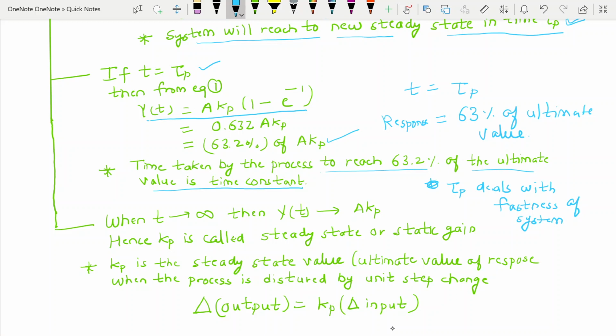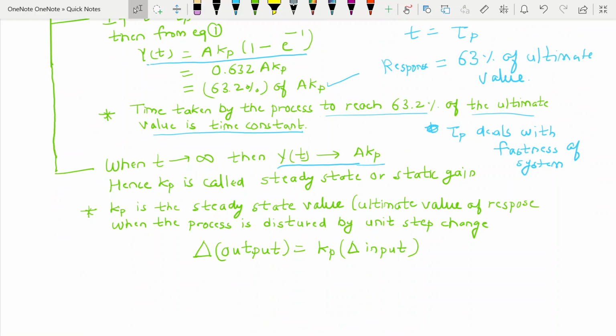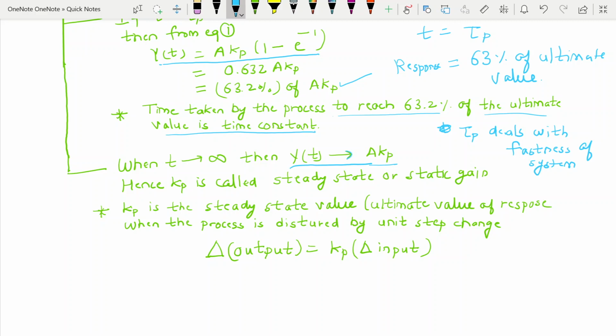ओके, नाउ द नेक्स्ट कैरेक्टरिस्टिक, अगर हम t की वैल्यू इन्फिनिटी पुट करते हैं, दैट मीन्स व्हेन द टाइम इज टेंडिंग टू इन्फिनिटी, देन yt विल बिकम इक्वल टू akp. तो यहां पर मैं kp को डिफाइन कर सकता हूं. जब मैं t की वैल्यू इन्फिनिटी पुट कर रहा हूं तो मेरा जो रिस्पॉन्स yt है, दैट इज बिकमिंग इक्वल टू akp. तो इसलिए मैं कह सकता हूं कि at time, ultimate value of response will depend on kp.